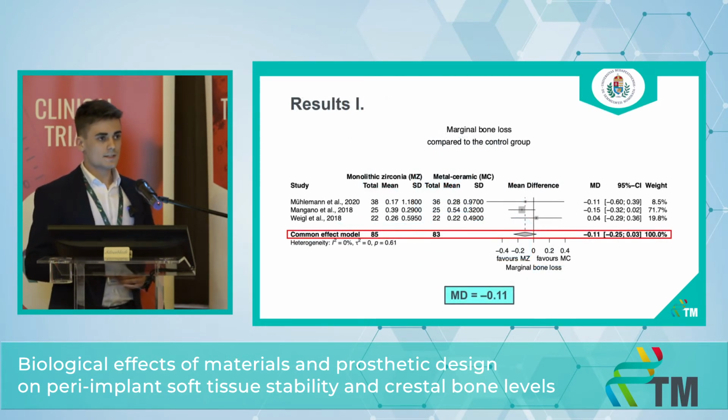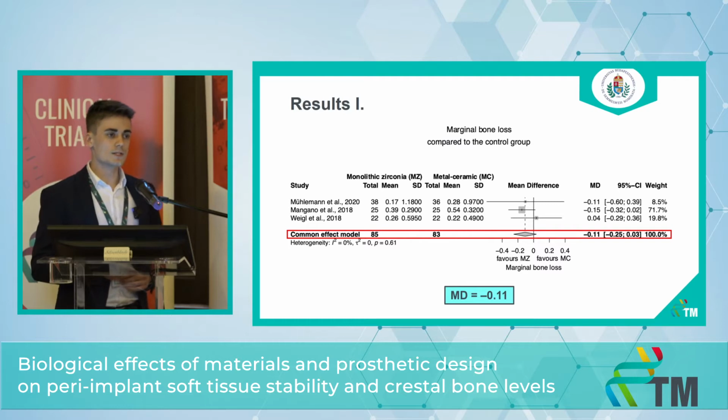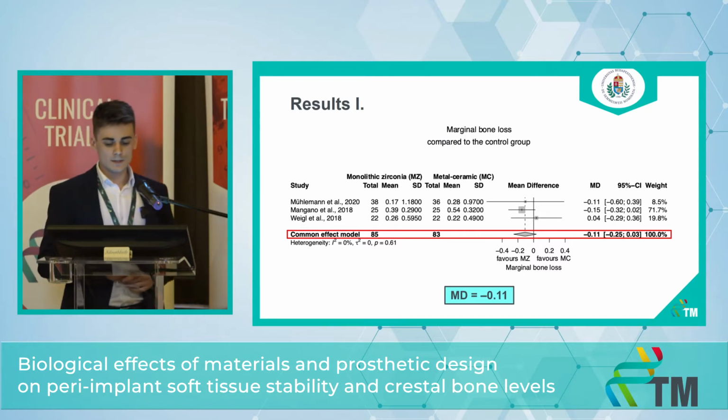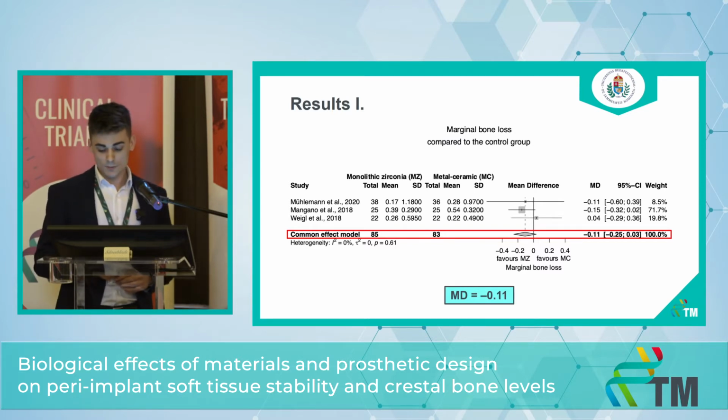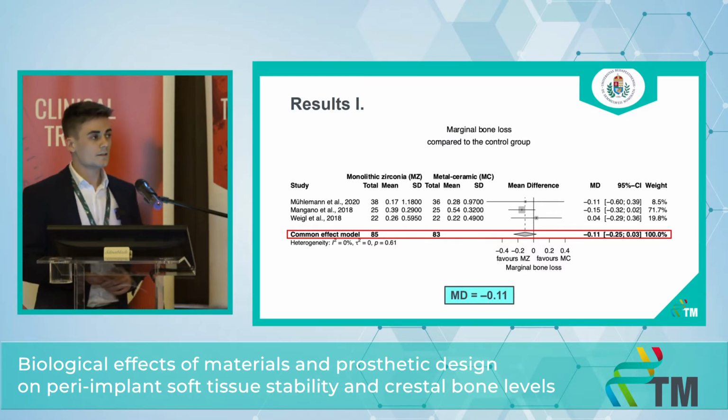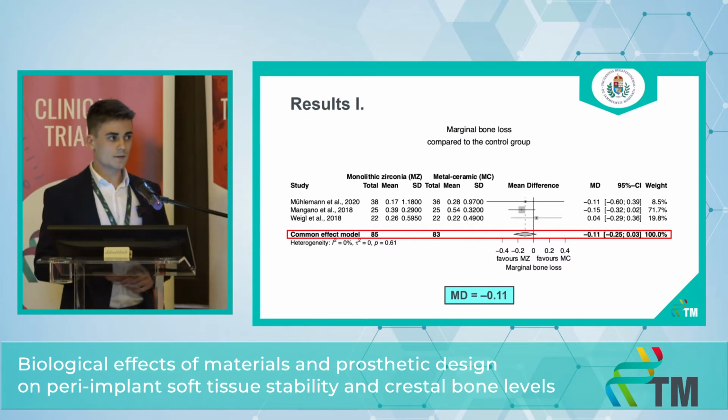The first result is about marginal bone loss, which is important because bone gives stability for the implants and the soft tissues as well, and is measured in millimeters with a probe. We can see that the common effect is minus 0.11, which means that in the monolithic zirconia group there was 0.11 millimeter less bone loss.